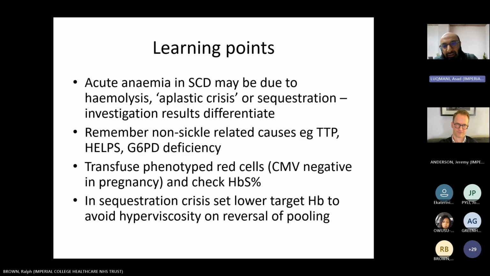And yes, as you said, you definitely want to do some kind of imaging of the liver and the spleen. But it's also important to remember non-sickle related causes, as you've highlighted as well, that could be contributing to the presentation. So it's important to think outside of sickle cell disease as well. Yes, the patient should be transfused, obviously, but being cautious if this is sequestration, not to over-transfuse, as we discussed earlier.